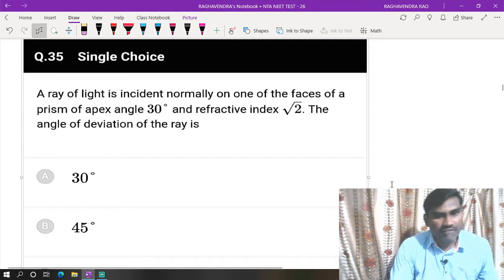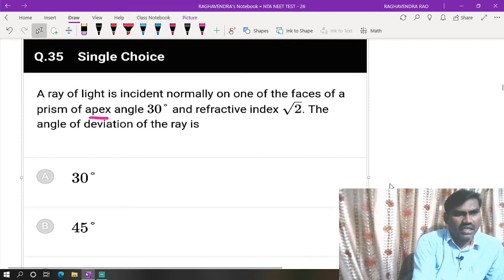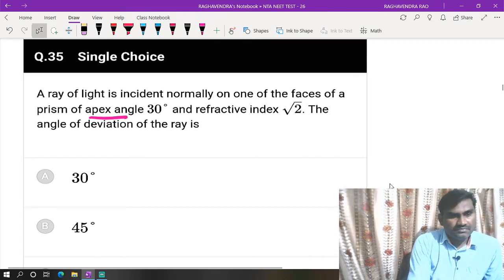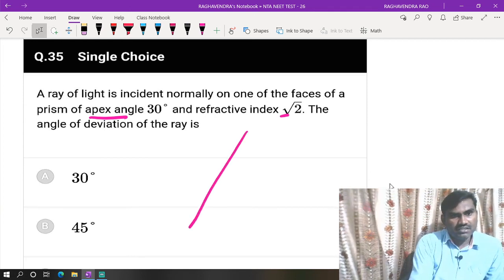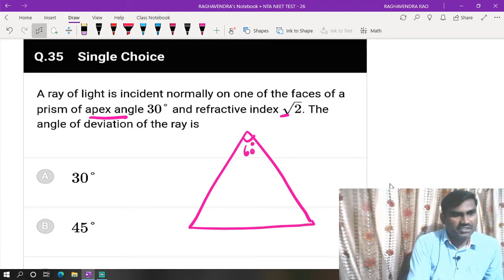A ray of light is incident normally on one of the faces of a prism of apex angle. Apex angle is nothing but the angle of prism. The refractive index is given. The angle of deviation is? Now this is the prism. The apex angle or angle of prism is 60 degrees.